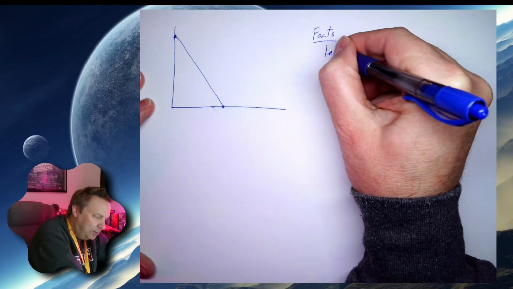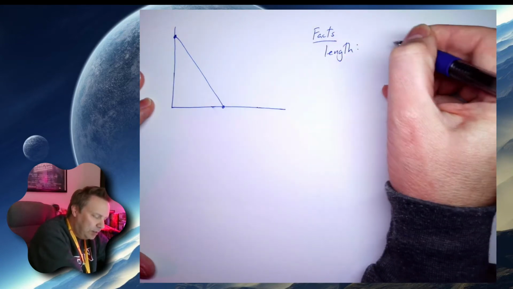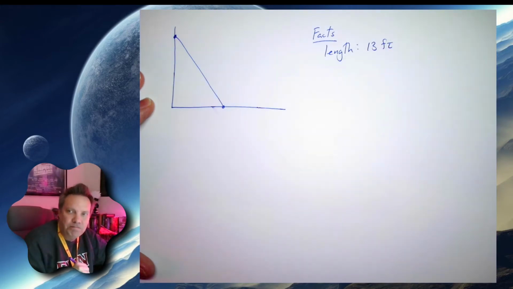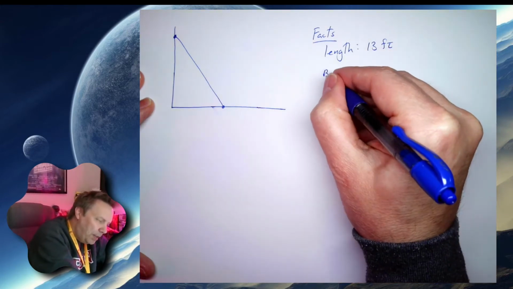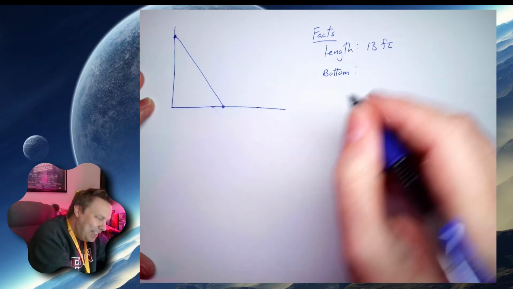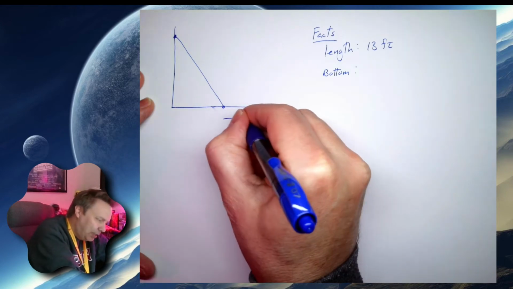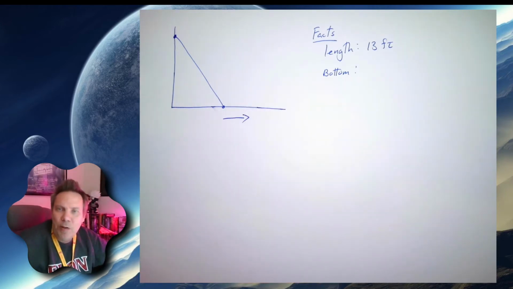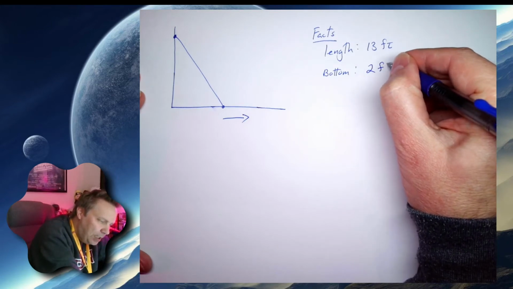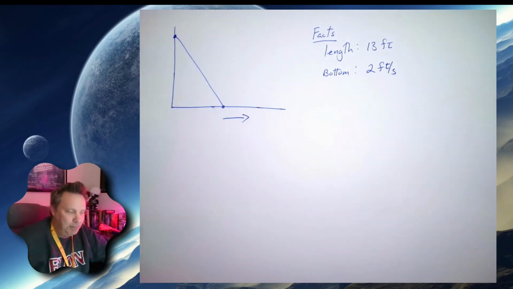The length of the ladder, I'm going to say this is 13 feet long. And the bottom of the ladder, well, that's actually going to be slipping away from the wall, and it's going to be moving at 2 feet per second.